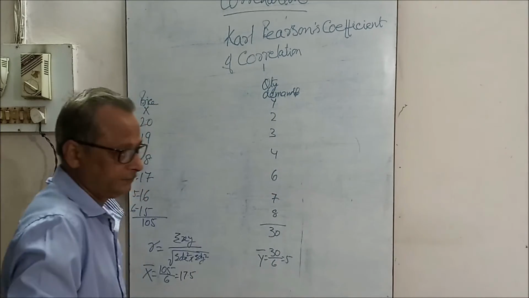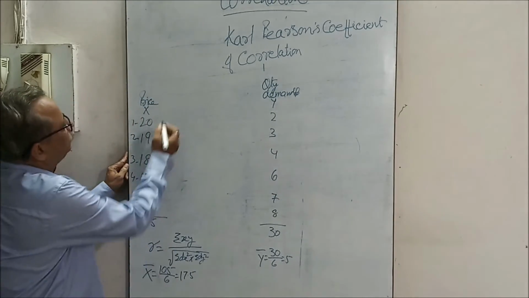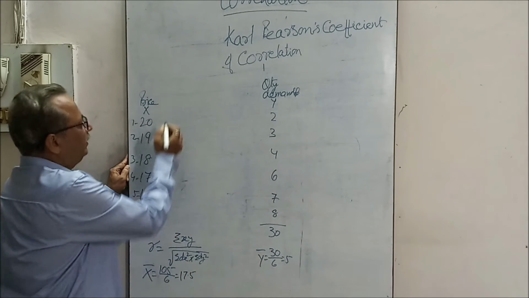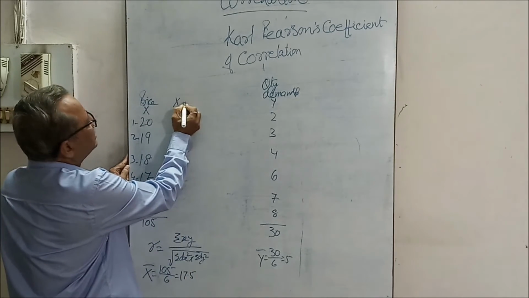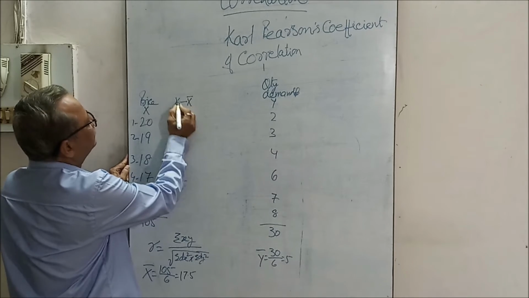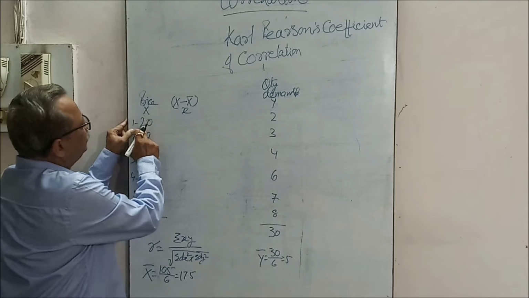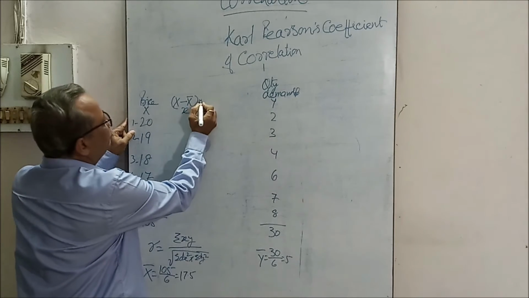This is the direct method. Now what we will have to do? First of all, we will find the deviation, x minus x bar, that is called x. Then x bar is 17.5.